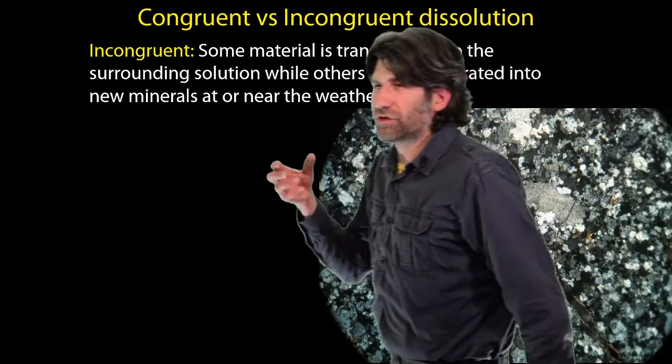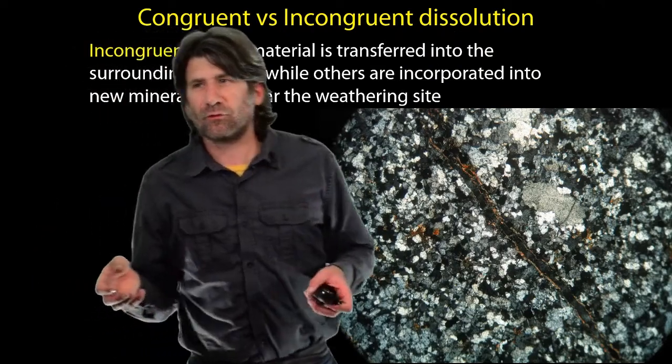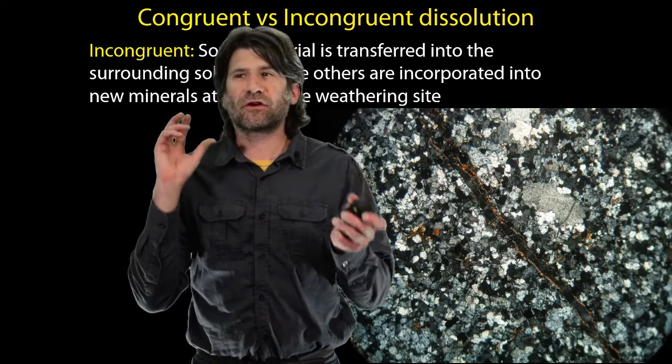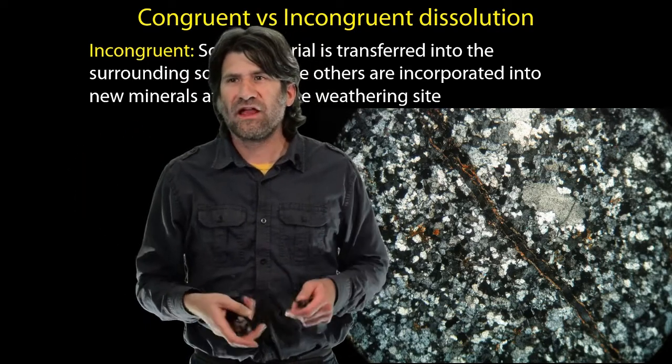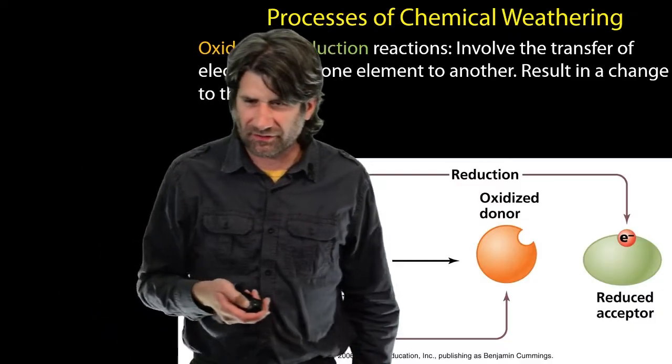That's essentially those secondary minerals that are forming. And so that happens when we have incongruent weathering, where some of the material is transferred into solution, but other material is incorporated into new minerals that are created at the weathering site. So that would be incongruent weathering.